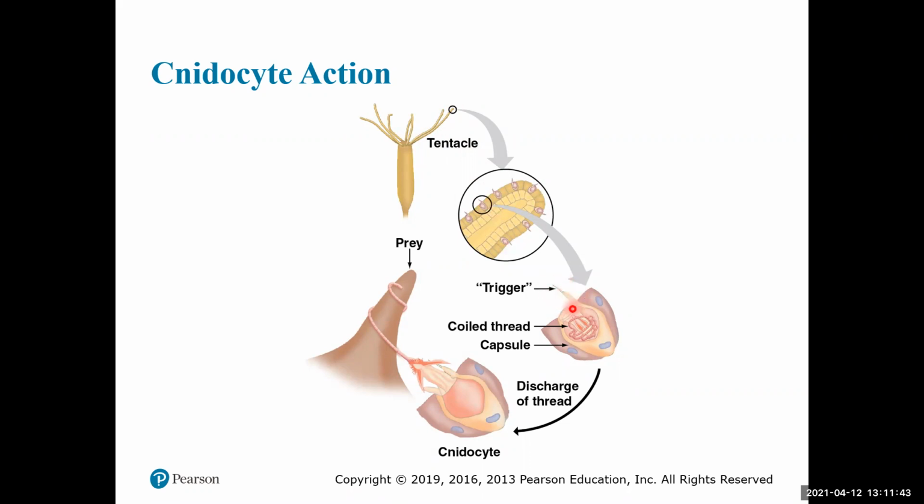So as soon as something brushes against that trigger, this stuff on the inside, the coiled thread, will be released. And then it will come into contact with the prey, and that is what releases the toxins and the stinging chemicals that either paralyzes or subdues the prey, or serves as a defense mechanism. Okay? So that's basically how those cnidocytes work.